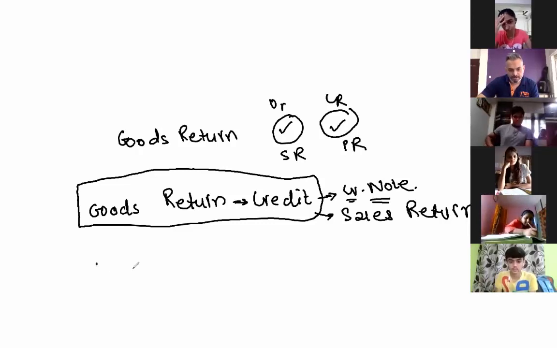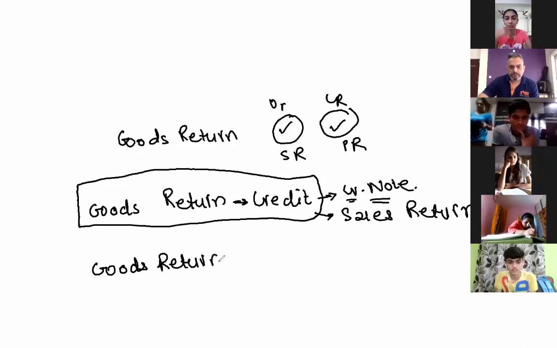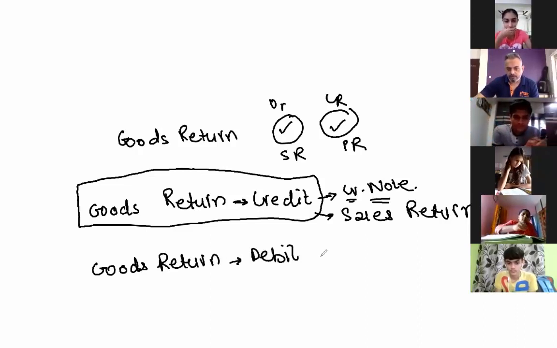Now what if it is given goods return debit? If it was written goods return debit balance or goods return credit balance, then directly we could have done it, because we know goods return debit balance is sales return and goods return credit balance is purchase return.